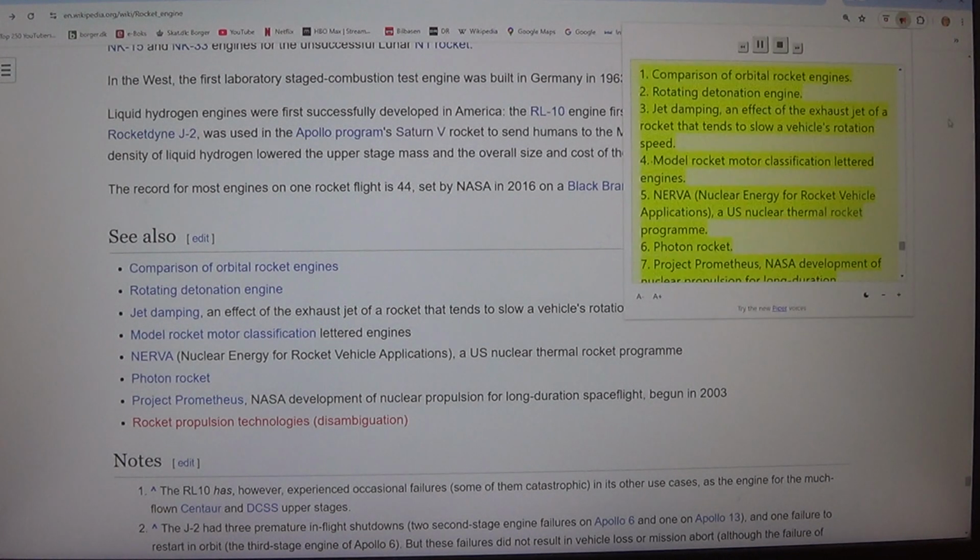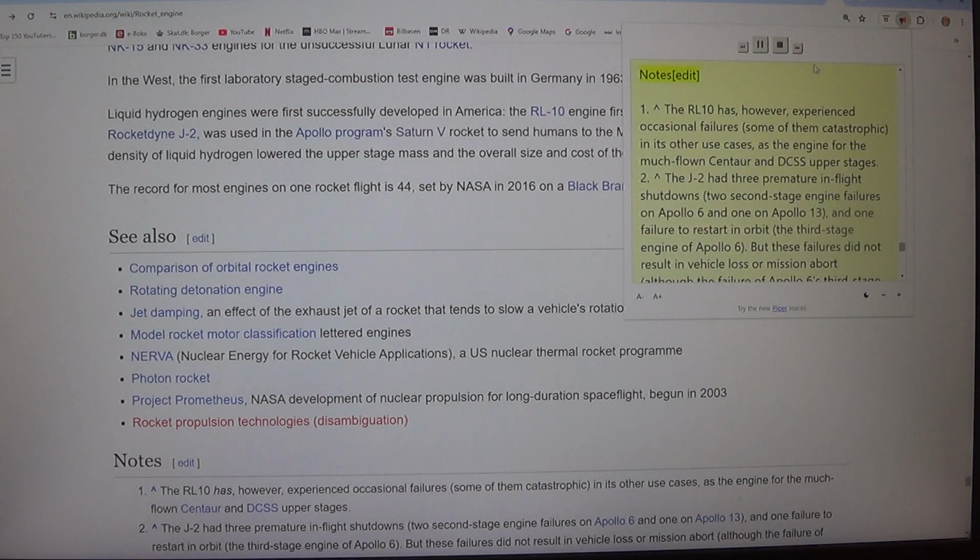NERVA, nuclear energy for rocket vehicle applications, a U.S. nuclear thermal rocket program. 6. Photon rocket. 7. Project Prometheus, NASA development of nuclear propulsion for long-duration spaceflight, begun in 2003. 8. Rocket propulsion technologies, disambiguation. Notes.